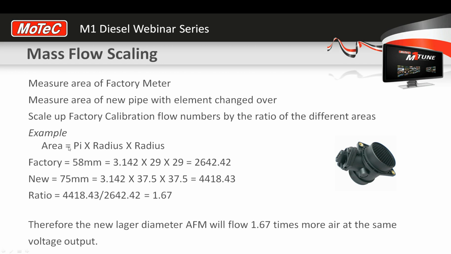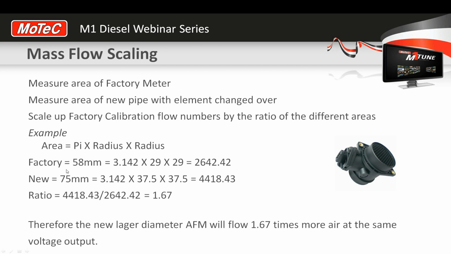Or rather, not the diameter, the area of the pipe. In our example, we are going to calculate the area of a 58 millimeter factory airflow meter. That is simply pi r squared. The calculation is pi times the radius squared, which comes to 2,642 square millimeters.